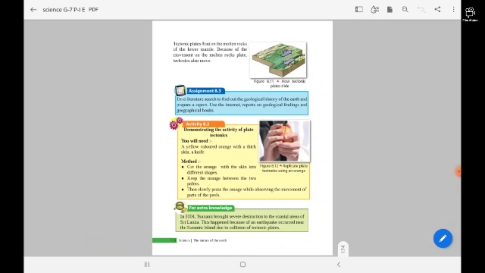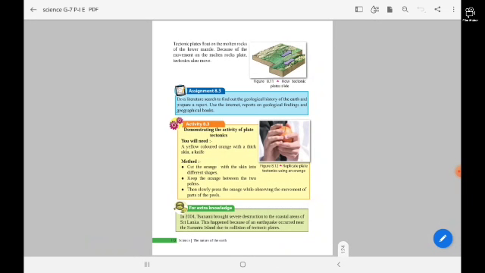There's an extra knowledge item. In 2004, a tsunami brought severe destruction to the coastal areas of Sri Lanka. This happened because of an earthquake that occurred near Sumatra island due to the collision of tectonic plates.